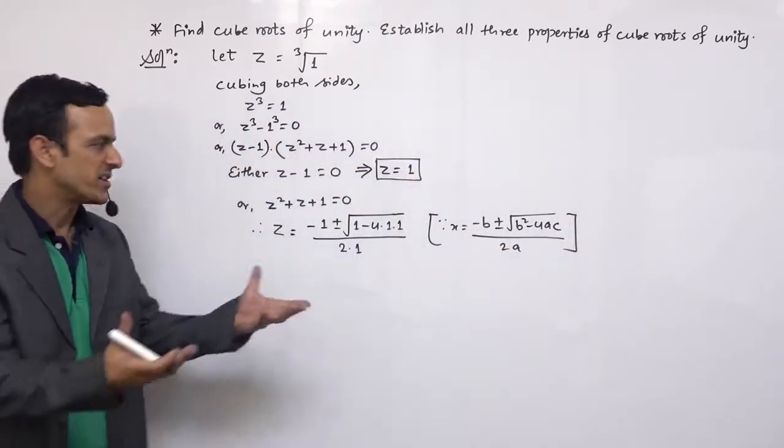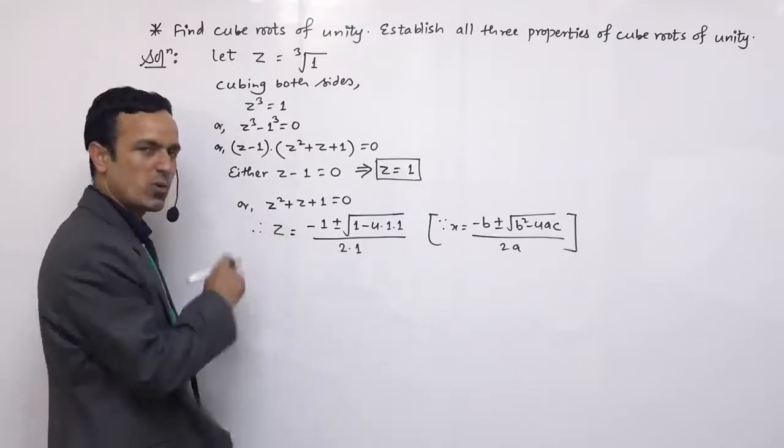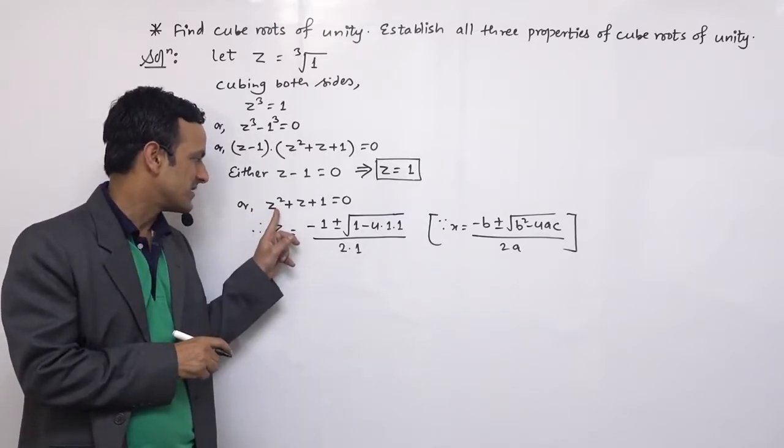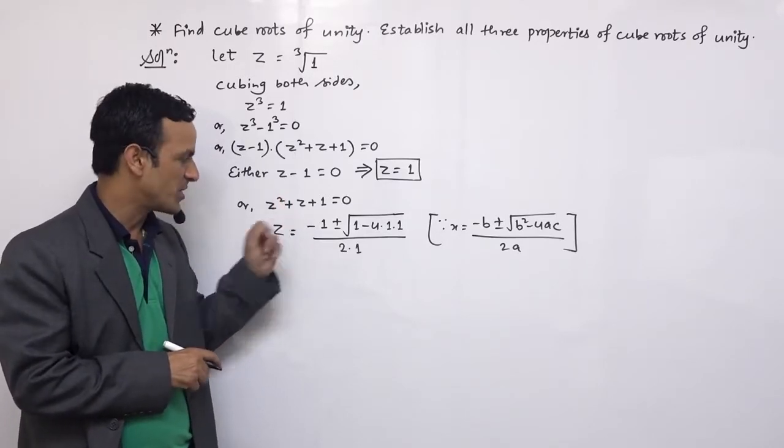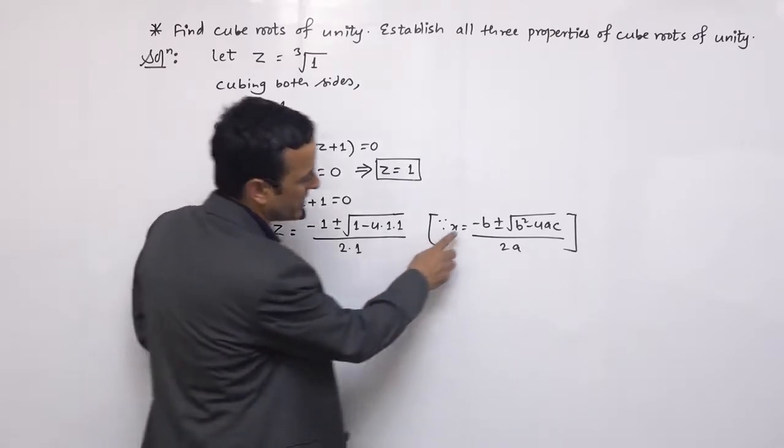So this is the formula of the quadratic equation. This is a quadratic equation because Z has power 2. Degree 2 means it is a quadratic equation. So this is the quadratic formula.